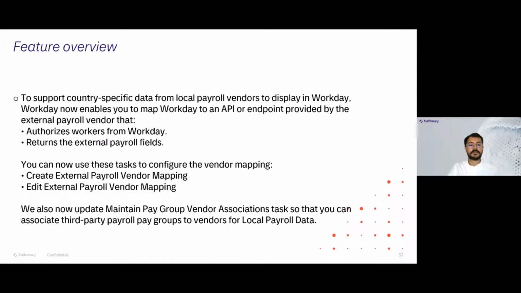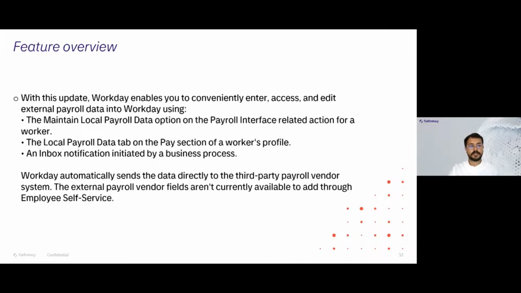If we are updating the maintain pay group vendor association, that means we can associate with the third party payroll pay groups. And with this, Workday is enabling us to conveniently enter, access, and edit our payroll data in Workday.